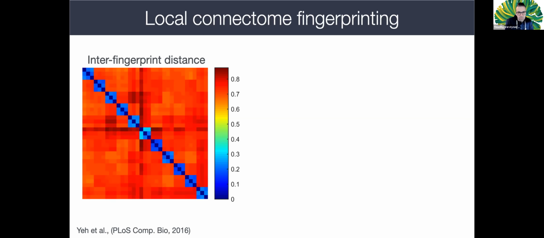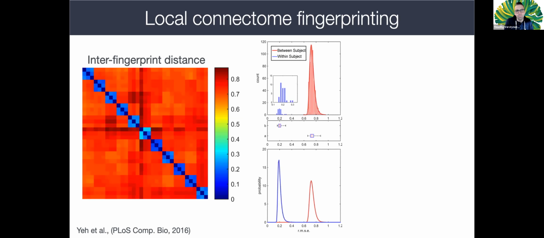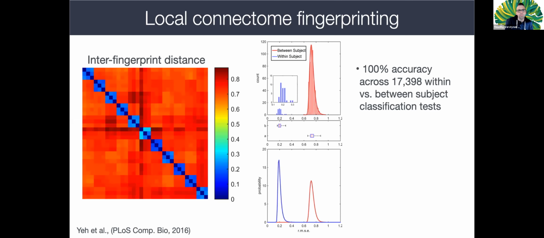And we can use these distances as a simple metric for classification. So this is the distribution of within and between subject distances. And you see we get a clear separation of these distributions. And using a very, very simple classifier, we're able to get reliable pairwise accuracy. So across 17,000 within subject pairing scans, or tests, we can get 100% accuracy on individual subject identification.